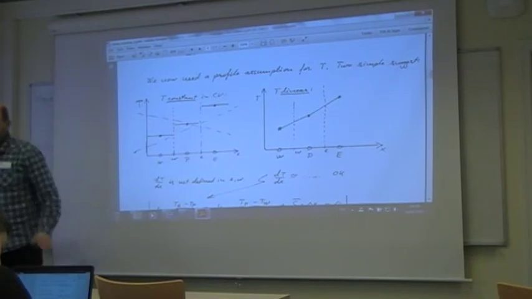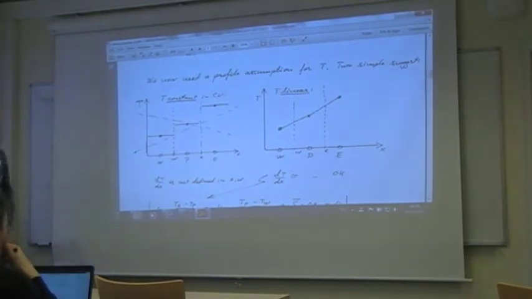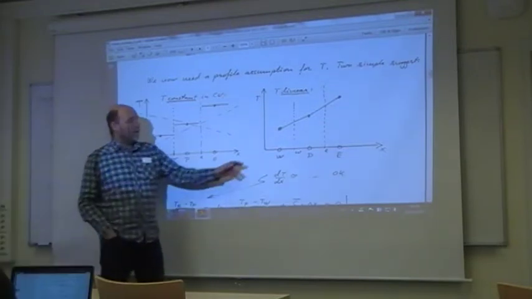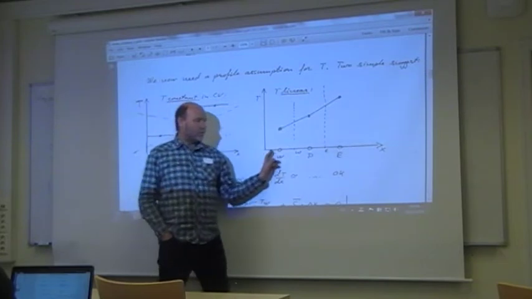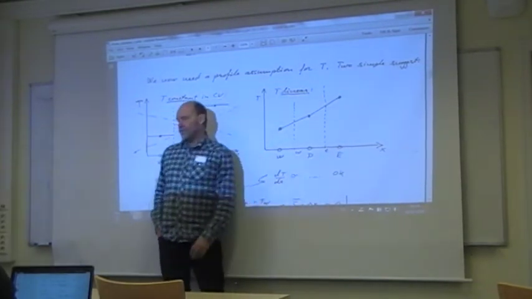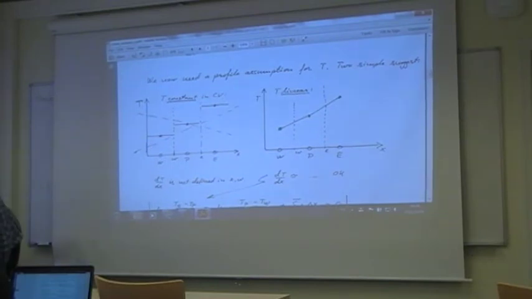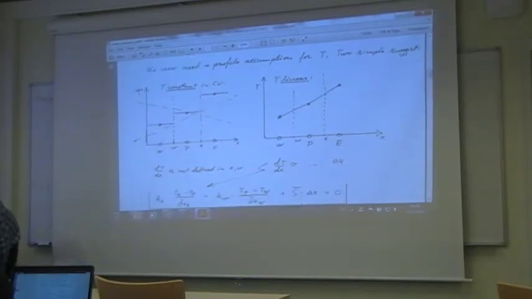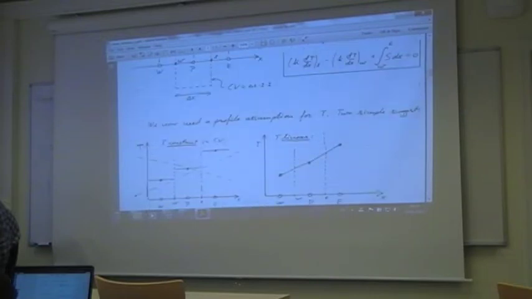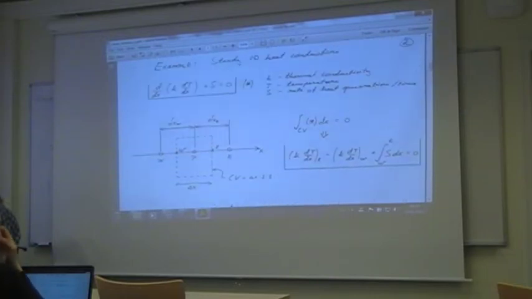Just to have a definition of what we mean by finite volume versus finite elements. And if you do this, linear variation, and you use a uniform mesh, of course you get the exact same discretization as you would have done with finite difference. So no change there. But the background is quite different.